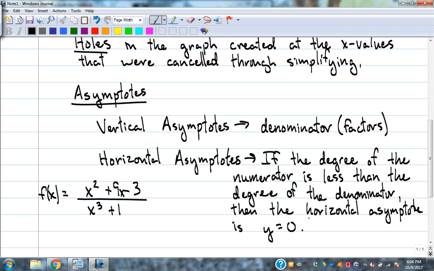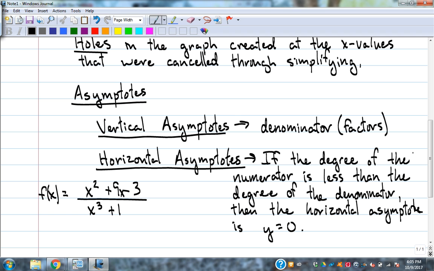Okay. Degree of the top smaller than degree of the bottom. Doesn't have to just be one smaller. If you had x over x to the fifth, that's still got y equals 0 as a horizontal asymptote. Just as long as the top has a smaller degree than the bottom, it's y equals 0. That's always going to be the case with that horizontal asymptote.